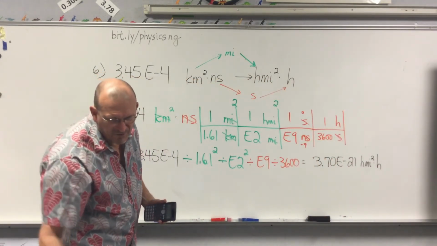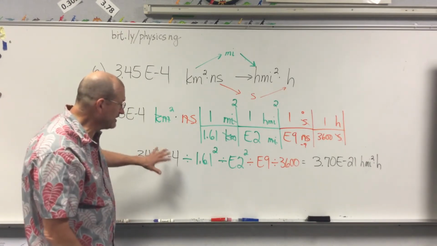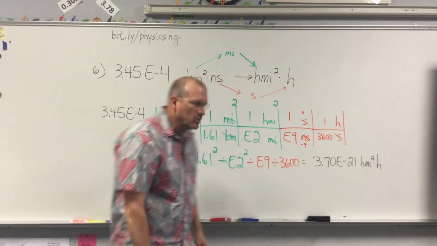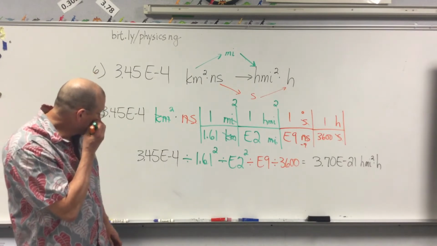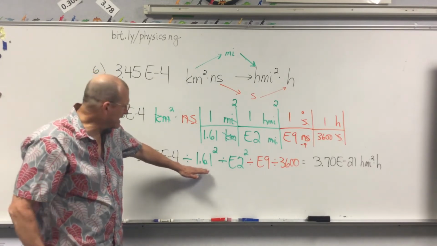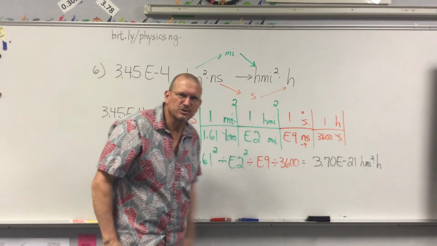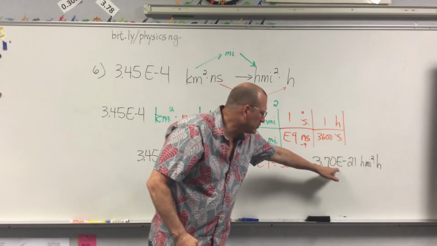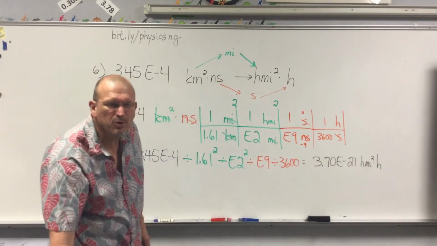Now if you look at the answer on this particular worksheet, it gives 3.68 E -21, and what that would indicate to me is that when I prepared the key, I used a different set of steps to go through this process, and as a result I had a little wiggle room in that hundredths place in my leading number, and that is perfectly okay.